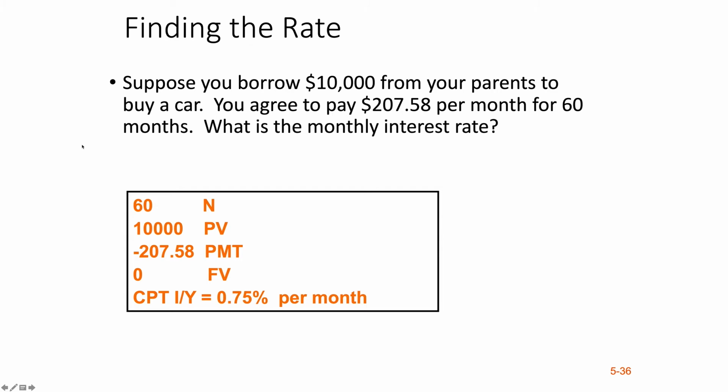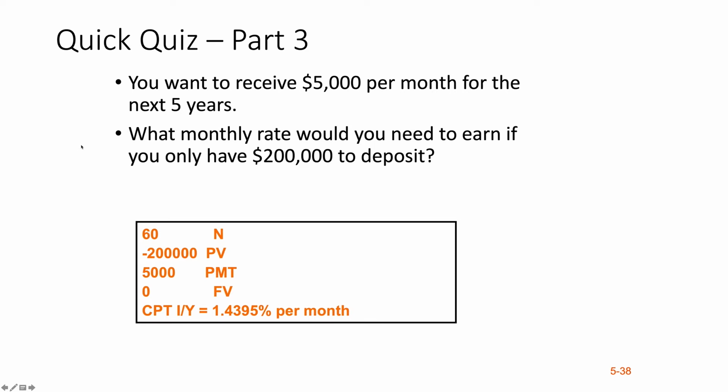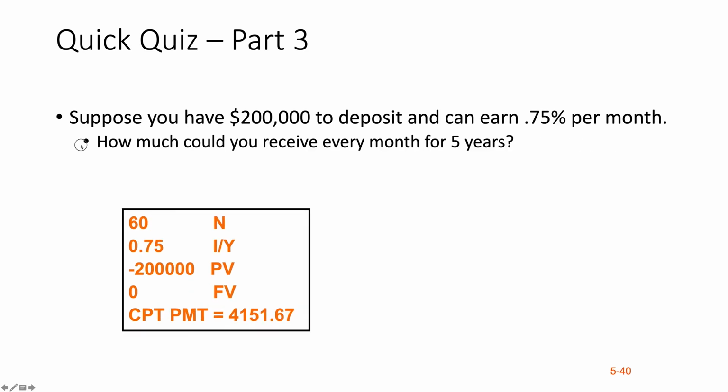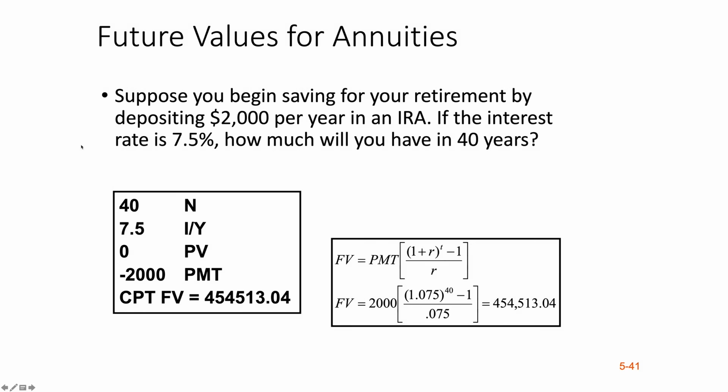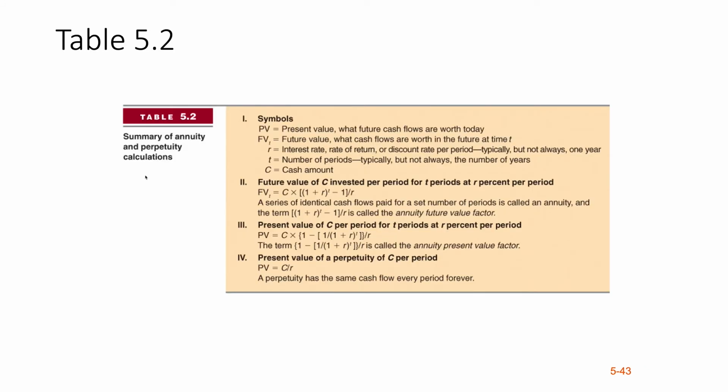All right, I'm going to skip part 3, the calculation. Let's look at a couple of the symbols we are using for this class: present value, future value, interest rate, and the number of periods.